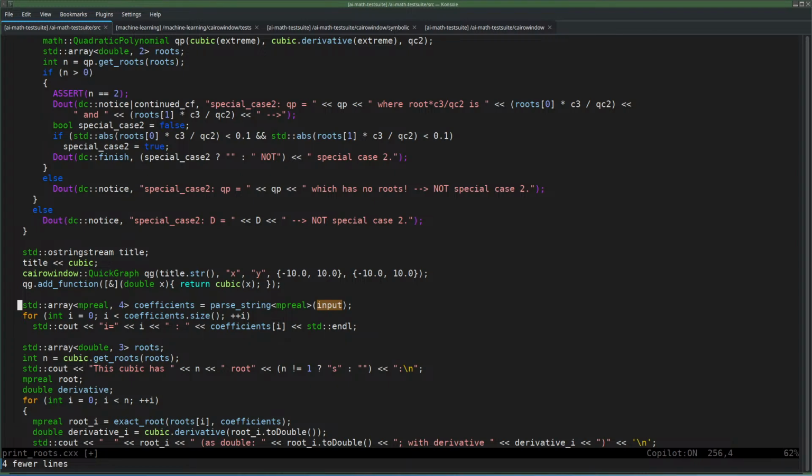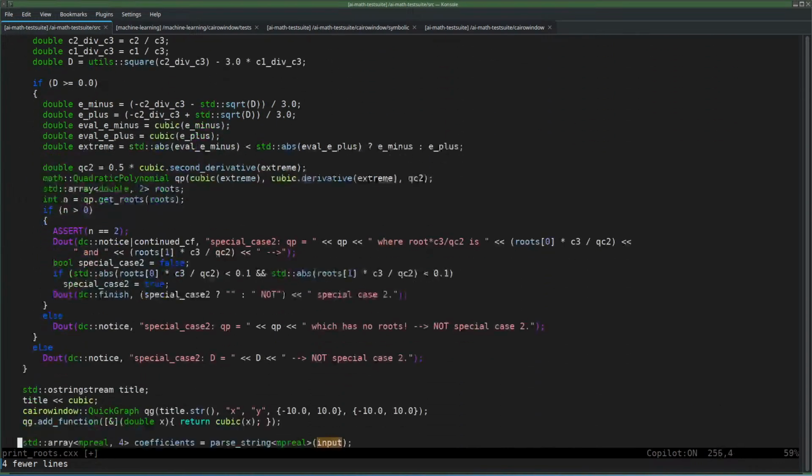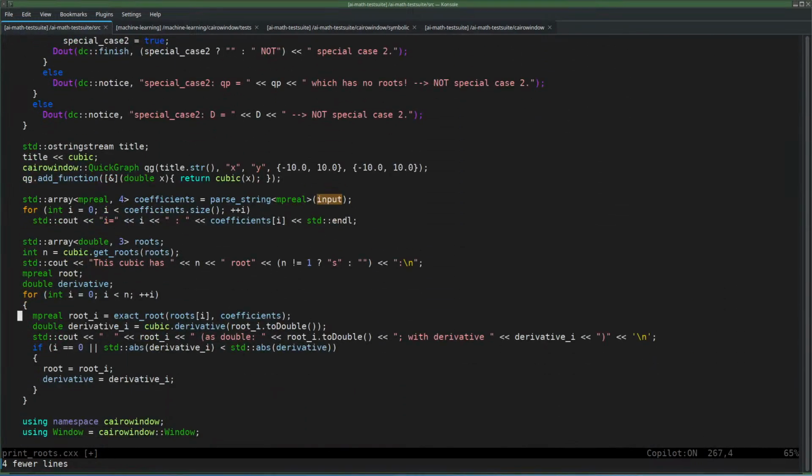Coefficients, parse string input. Oh, here they are parsed as a double, and here I'm parsing it as an imperial.